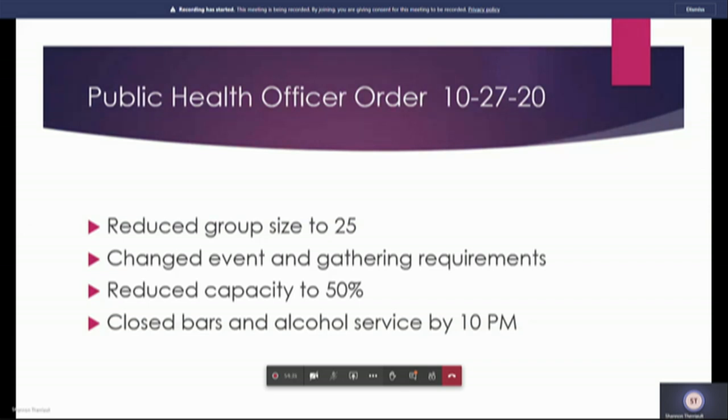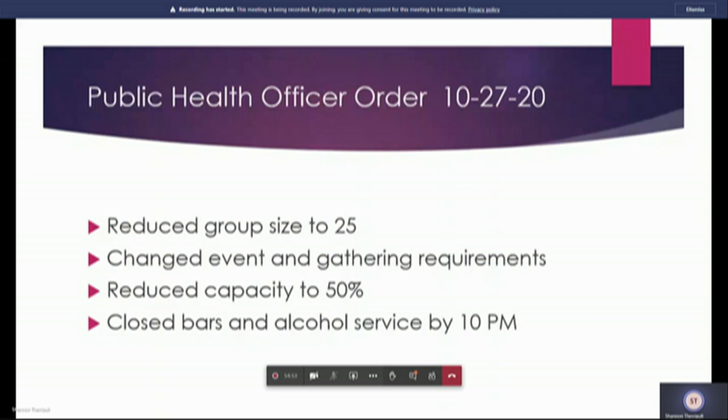It also reduced the capacity in retail stores, bars and restaurants, gyms, and places of assembly like theaters and bowling alleys. Pools are a special group. But they were at a 75% capacity cap.